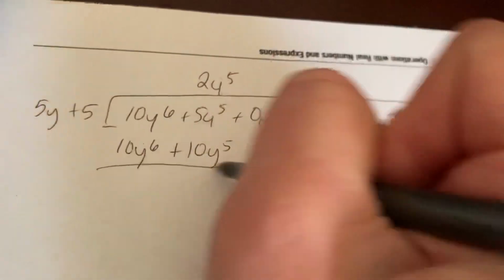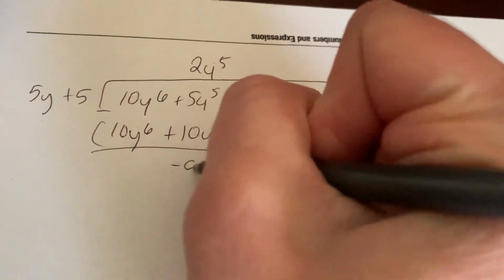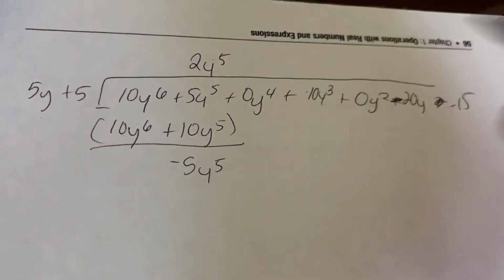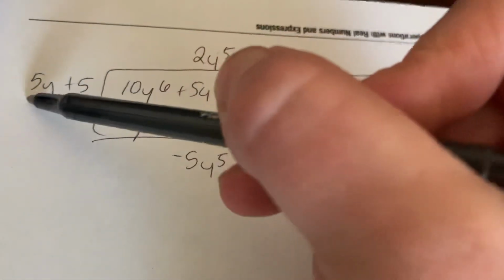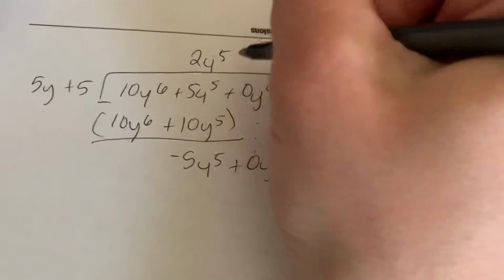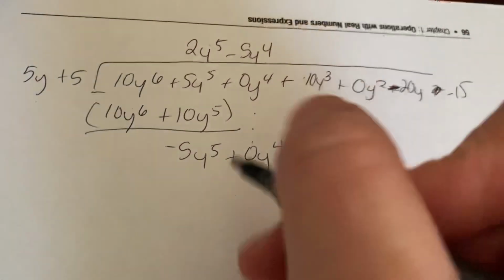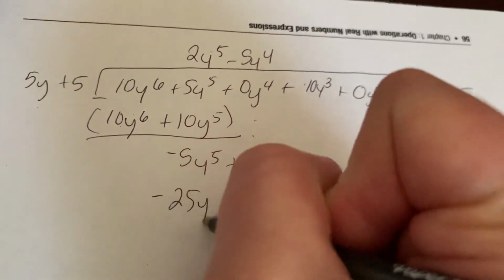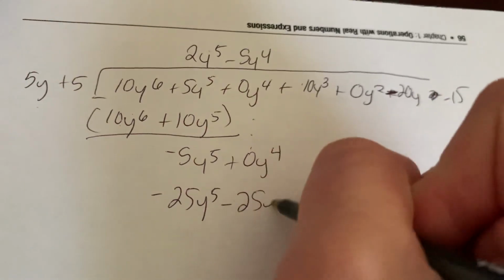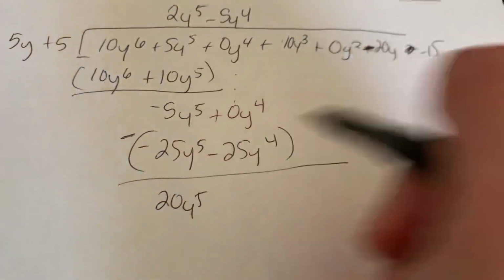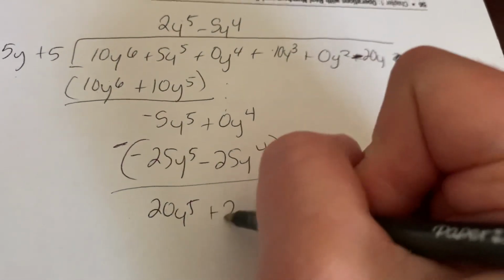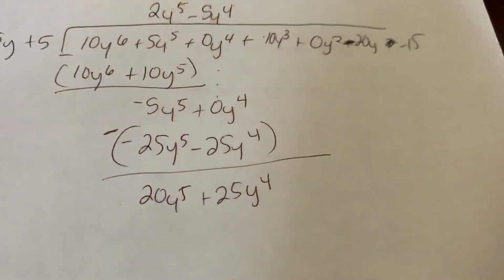When you subtract, you're going to get negative 5y to the 5th. You got to bring down the 0. How do you get from 5y to negative 5y to the 5th, negative 5y to the 4th? When you distribute, you're going to get negative 25y to the 5th minus 25y to the 4th. When you subtract, you're going to get a positive 20y to the 5th plus 25y to the 4th.